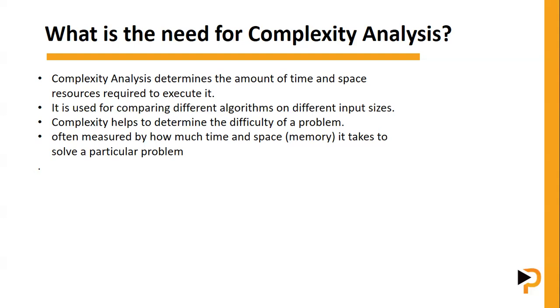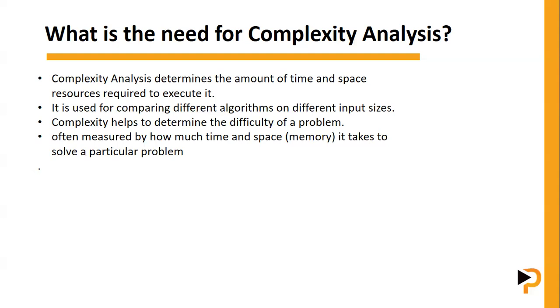Now it is used for comparing different algorithms on different input sizes. So we are doing the analysis on the best case, worst case, and average case scenario, as I mentioned before. Complexity helps to determine the difficulty of a problem and is often measured by how much time and space it takes to solve the particular problem. So time complexity mainly depends on many parameters, we can say the computer, infrastructure, then the compiler and all.